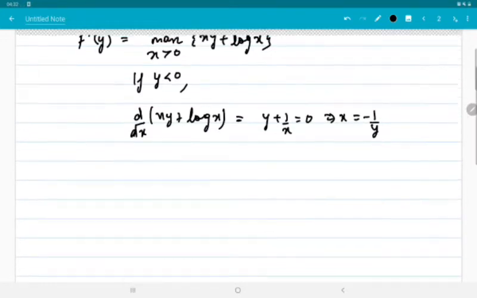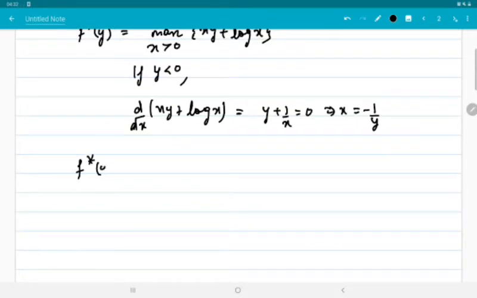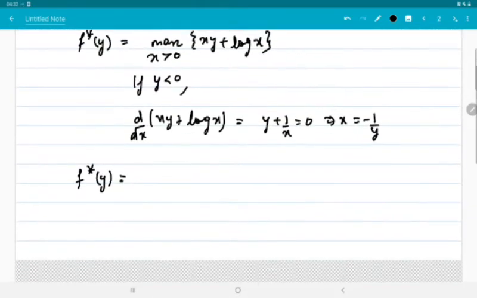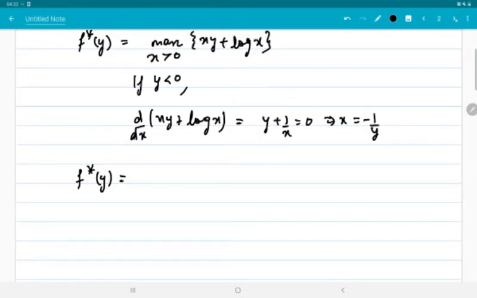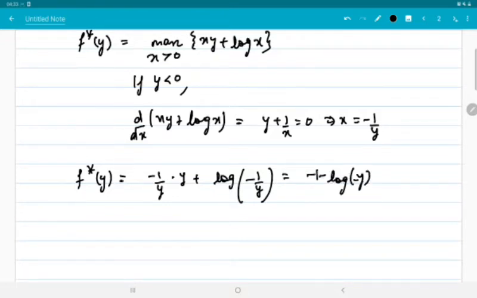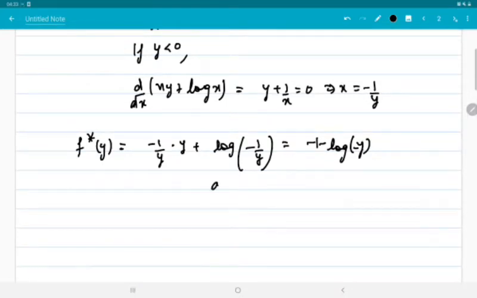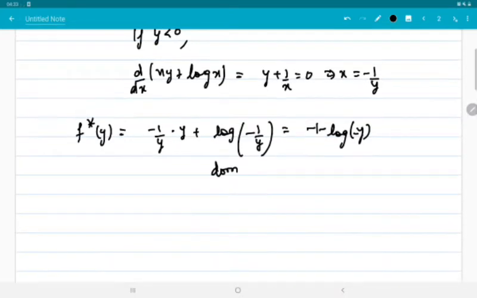So the conjugate is minus 1 over y times y plus log of minus 1 over y, which is just minus 1 minus log of minus y, and the domain of the conjugate is y values less than 0, because for greater than 0 it is unbounded.